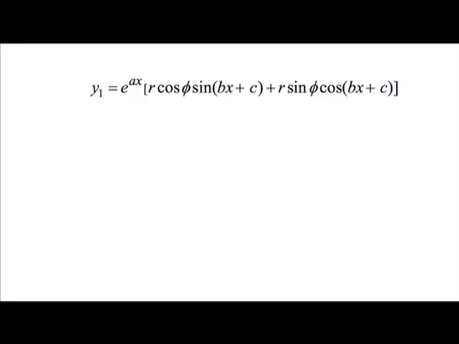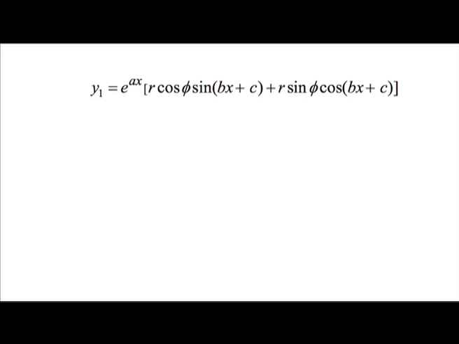Now, let a equal to r cos phi and b equal to r sin phi, with r equal to square root of a square plus b square. Then y1 is equal to e power ax into r cos phi sin of bx plus c plus r sin phi cos of bx plus c.